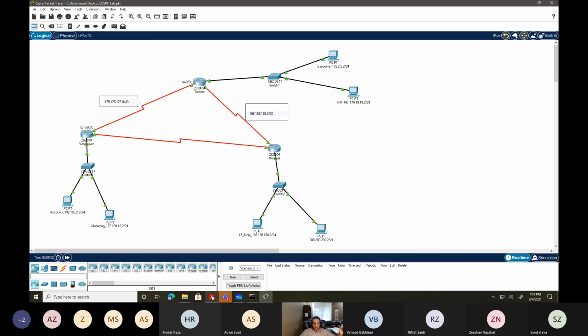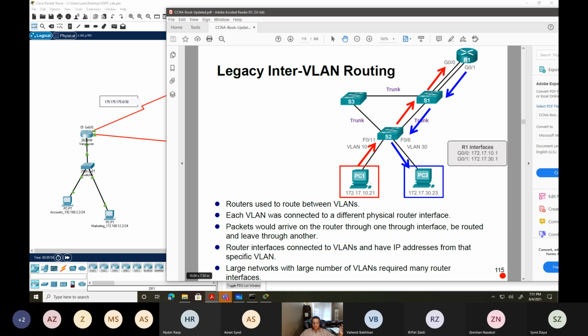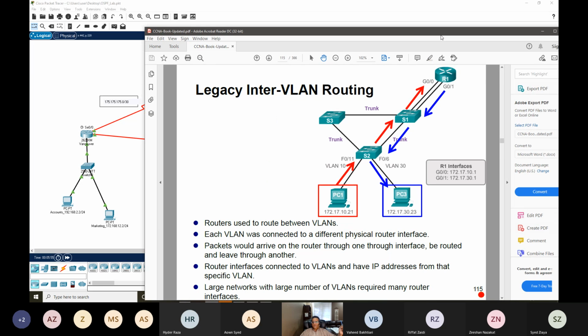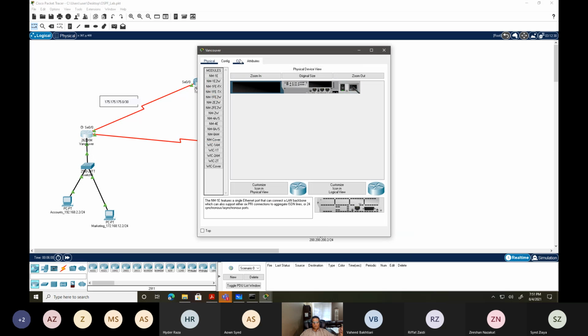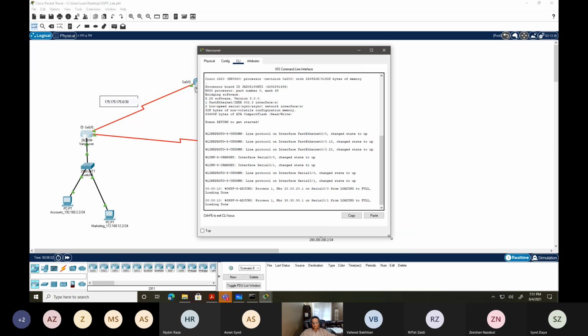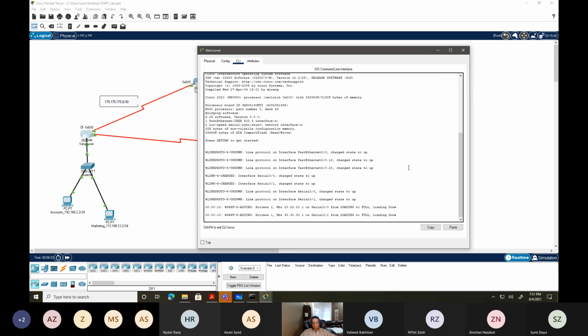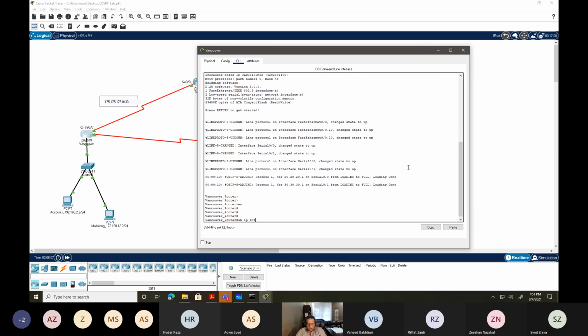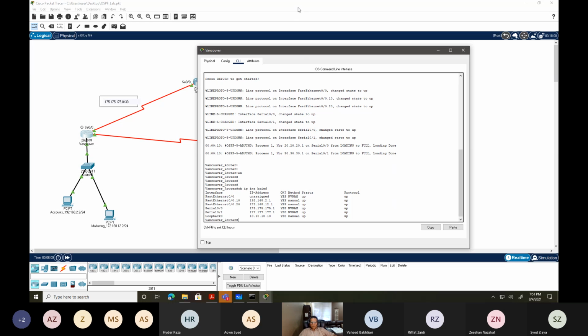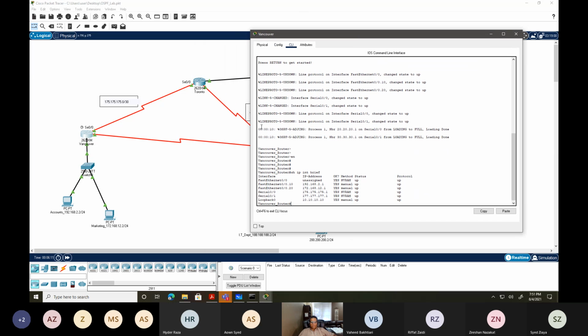Right? Where was I? Okay. Inter-VLAN routing. What is inter-VLAN routing? It is this. Luckily, I have this lab from Humber. Now, what is this I created?